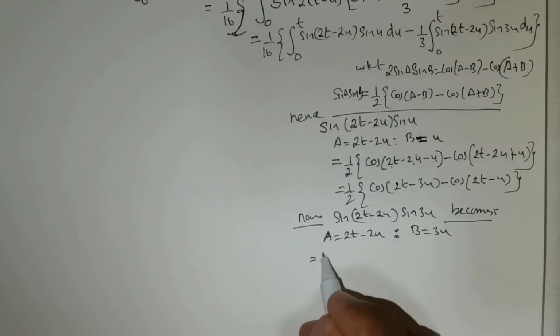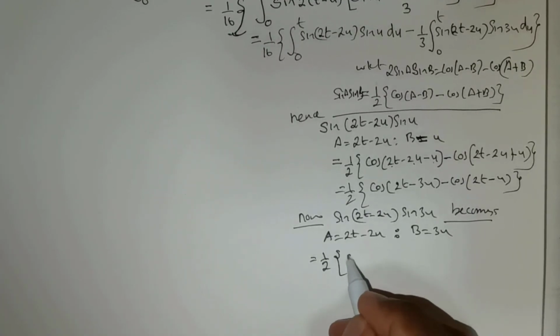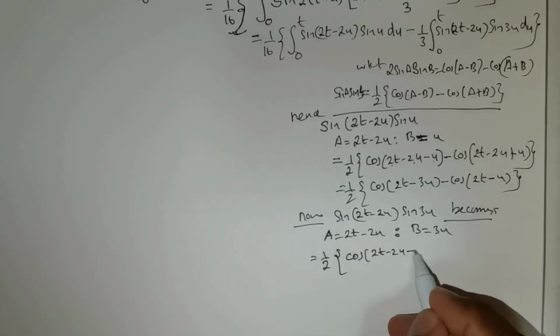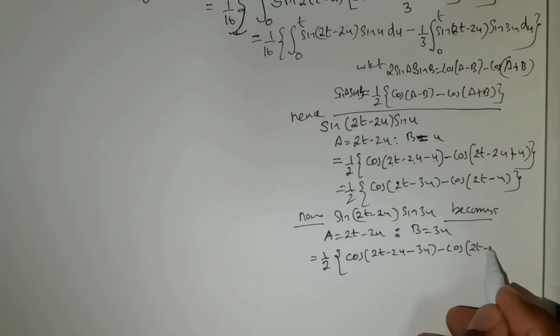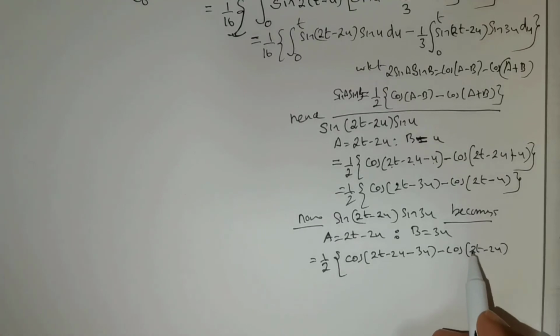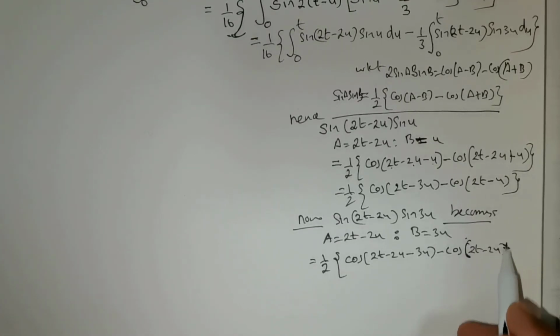If I were to use this, this is going to be 1 over 2 times cos of (2t minus 2u minus b) minus cos of (2t minus 2u plus b).